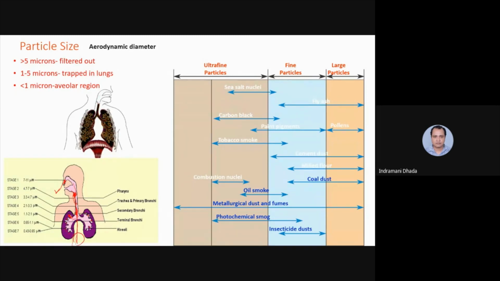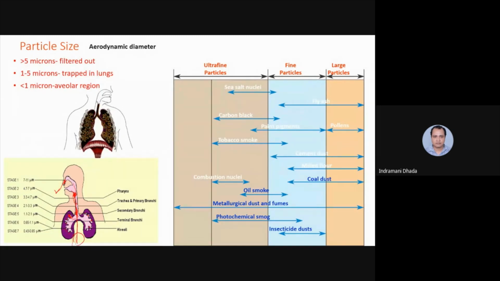And if we are talking about PM 2.5, that means particles which can enter to a certain depth and which can be removed through our respiratory system or tract. What are the removal mechanisms? I'll talk to you in the next slide. But we can remove it through our respiratory mechanism.